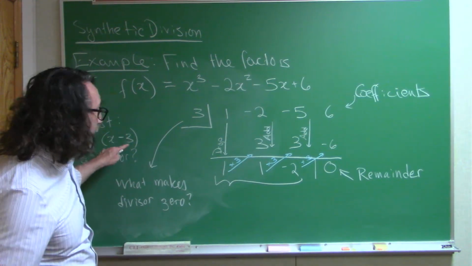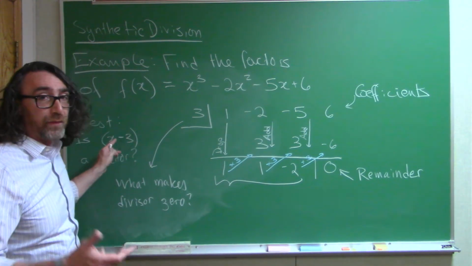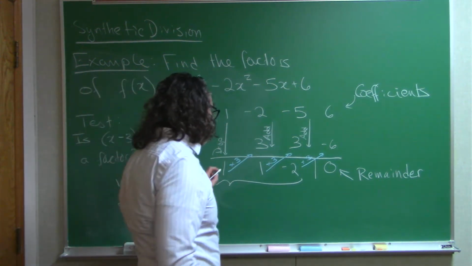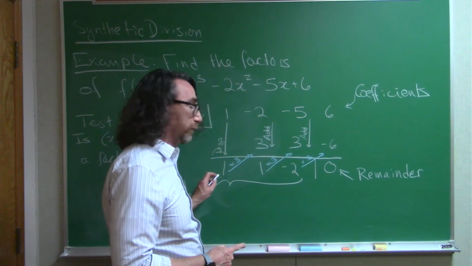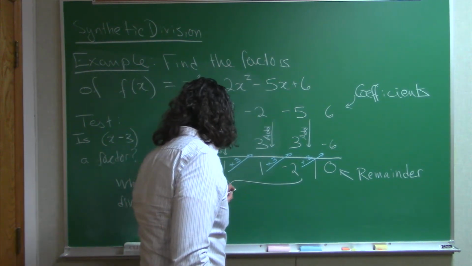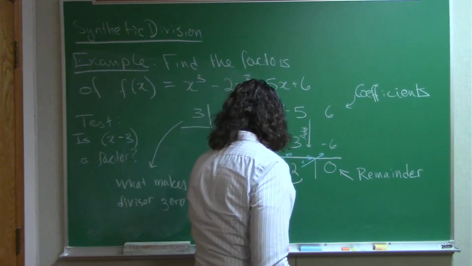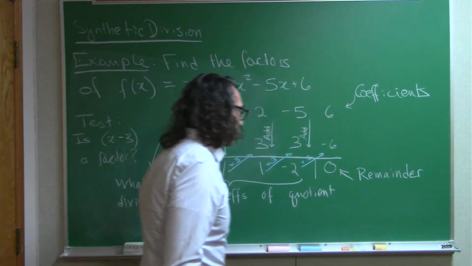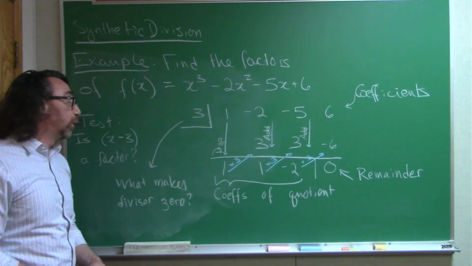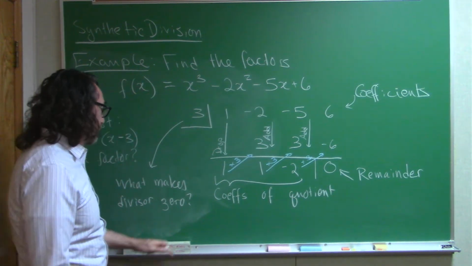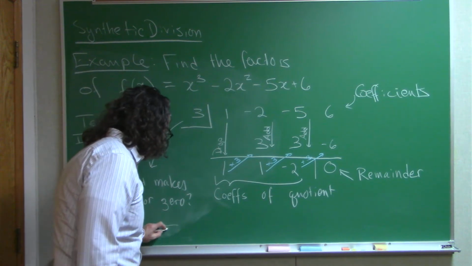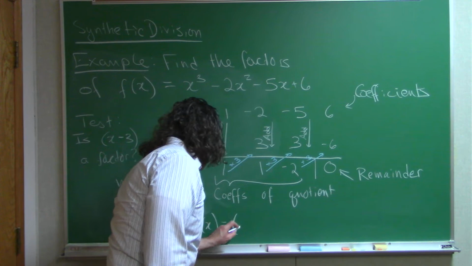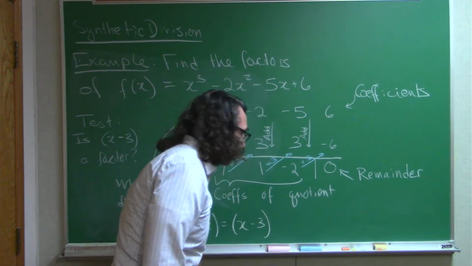That means x minus 3 is indeed a factor of this polynomial. And these numbers here, these numbers also tell us something. Those are the coefficients of the quotient. Okay, so what we've learned is that this polynomial up here, f of x, is equal to x minus 3.